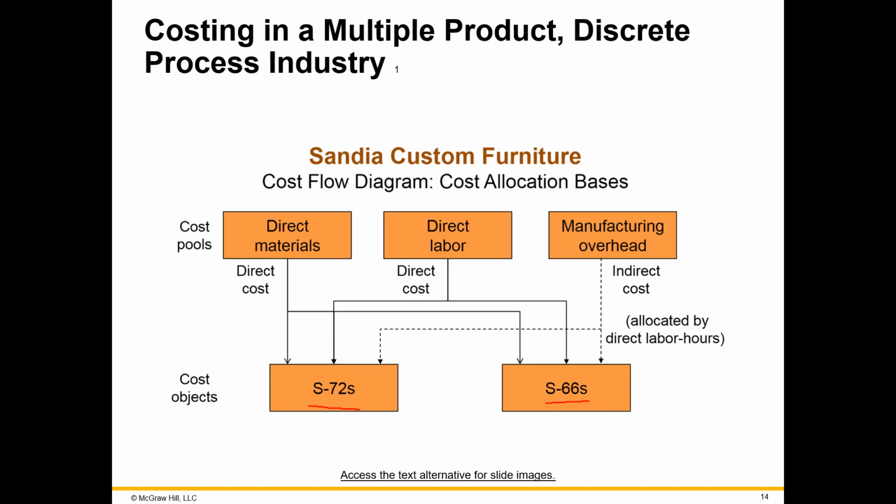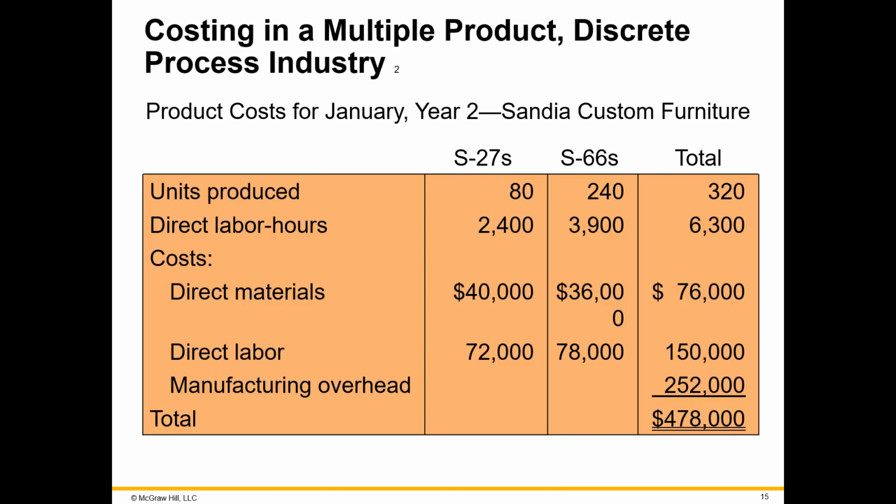This slide tells us that we produced 80 units of the 72s and 240 units of the 66s. Here's a typo. This should have said 72 instead of 27. And so it gives us our direct materials cost, which totals $76,000. It gives us our direct labor cost, which totals $150. And then we have this manufacturing overhead of $252, but we need to allocate that.